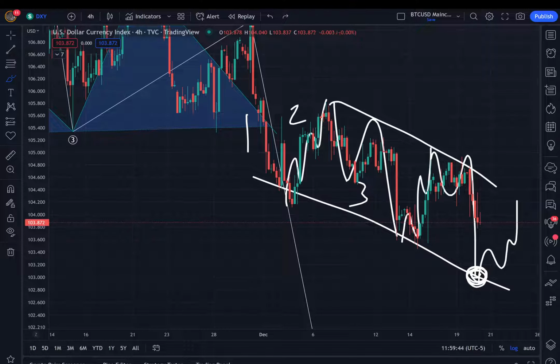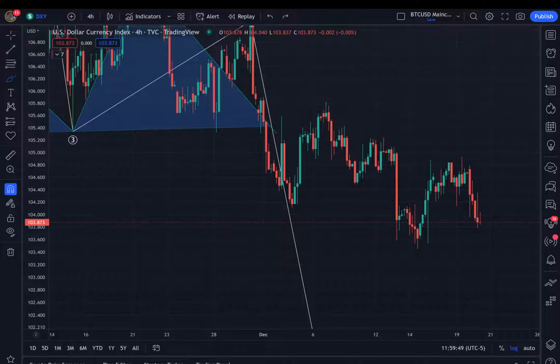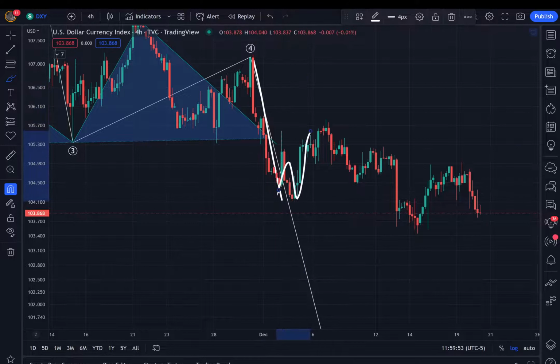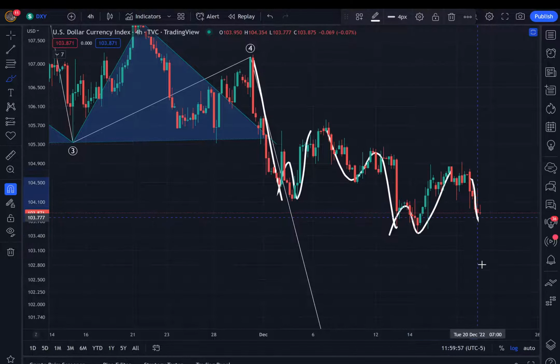Actually, do you know what? If this is indeed a leading diagonal, and this is wave 1, wave 2, wave 3, wave 4, then this is going to hell with wave 5. Because what do we know about leading diagonals? Wave 5 tends to be extended to a minimum of the 1.618 of waves 1 through 3, retracement of wave 4.